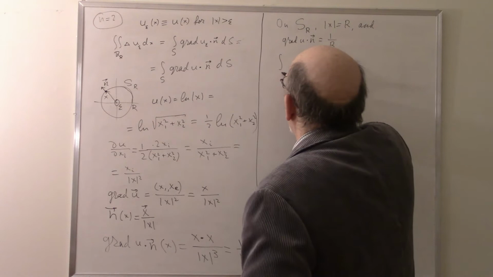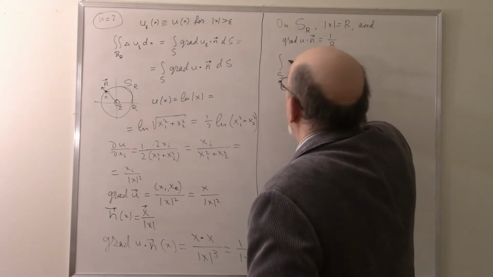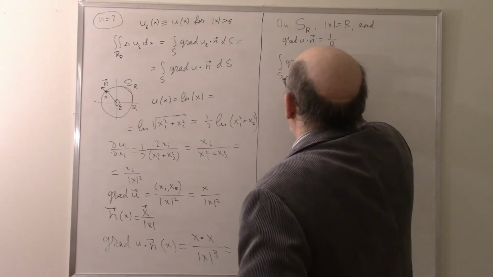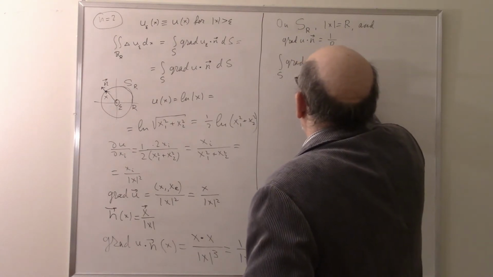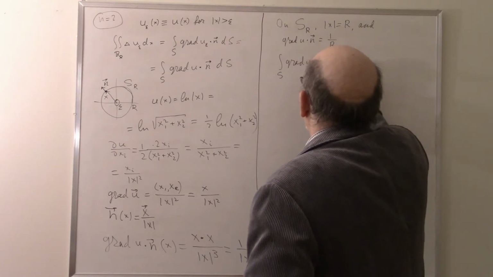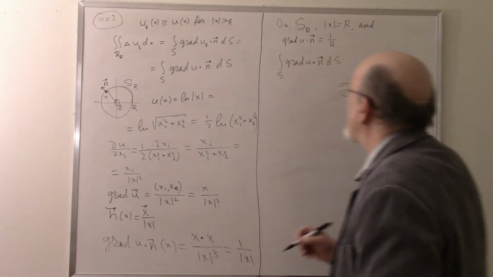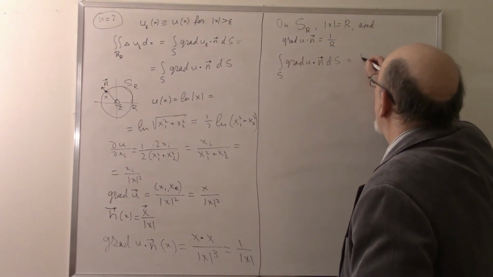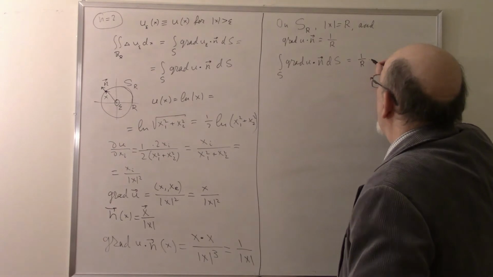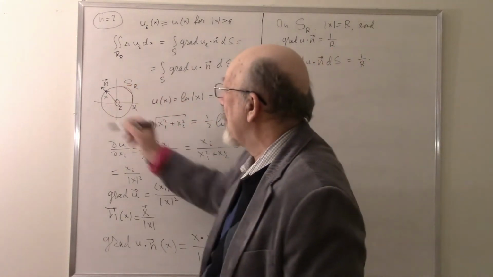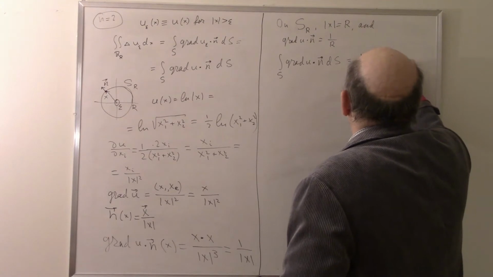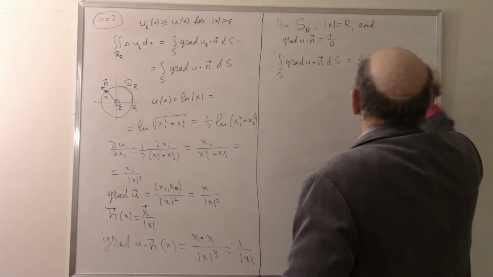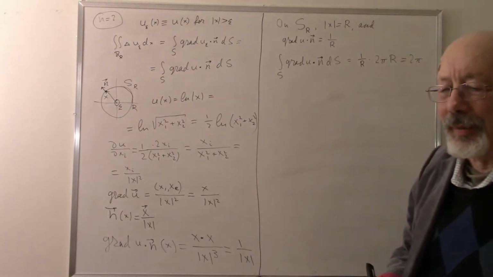The integral over S_R of gradient u dot n ds equals 1 over r times the length of the circle, 2πr, which equals 2π.